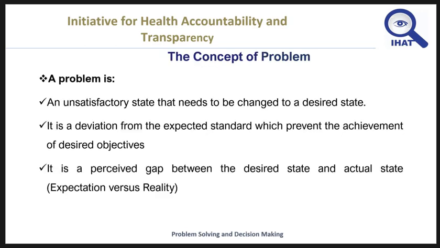A problem is an unsatisfactory state that needs to be changed to a desired state. It is a deviation from the expected standard which prevents the achievement of desired objectives. It can also be seen as a perceived gap between the desired state and the actual state, a gap between one's expectation and the reality on the ground.